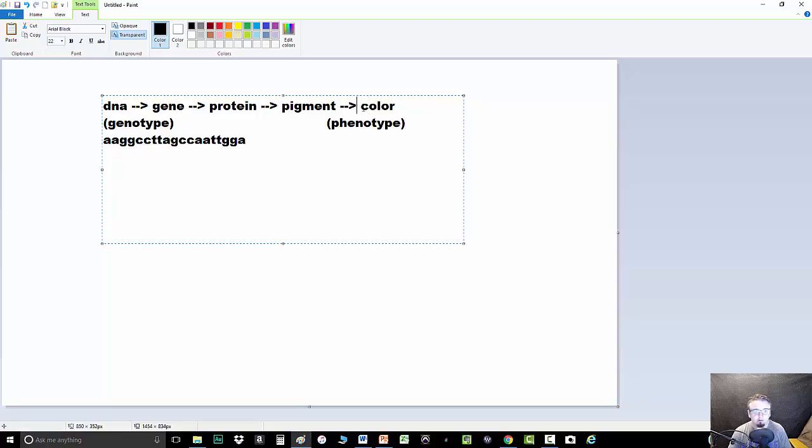And we can say, for example, it's a red color. So the phenotype is a red color. Okay, so that's the difference between the two. Now, this is an easy example. Okay, they're not all that simple. Not every gene codes for a basic trait, so keep that in mind. But that's kind of the difference there.